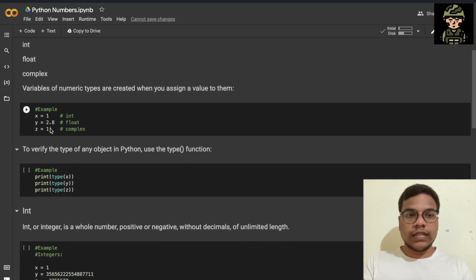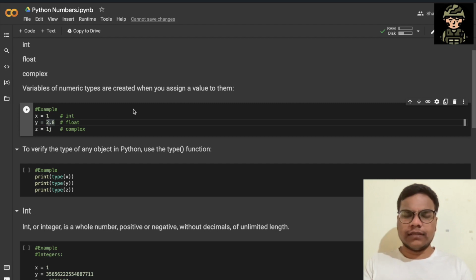So here you can see this is an integer type. If the value has decimals, like 2 point something, or even 2.0, that is a float. When a number has an imaginary part, that is called a complex number.